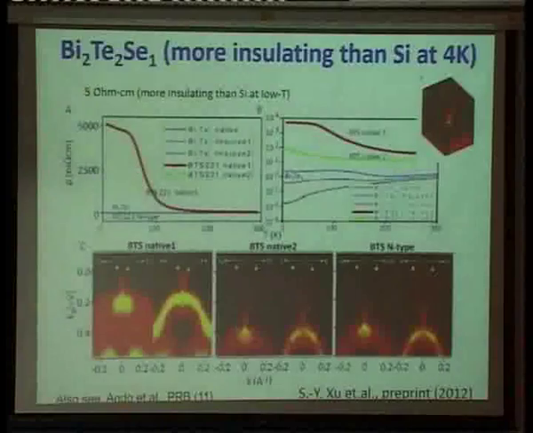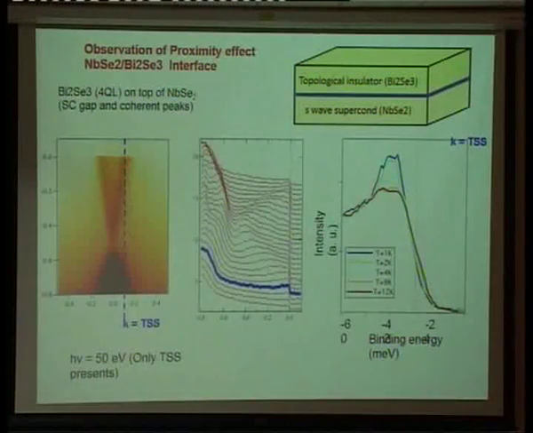What we are doing here is growing a few quintuple layers. Instead of growing a superconductor on top of the TI, we're growing the TI on top of the superconductor. It turns out that that's easier. To be able to access the interface, we have to figure out how many quintuple layers we can tolerate before the signal disappears, because our technique is surface sensitive.